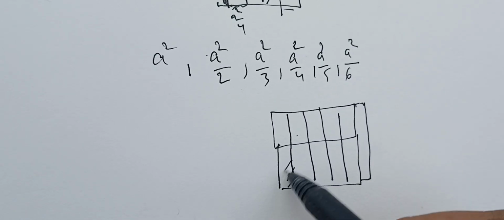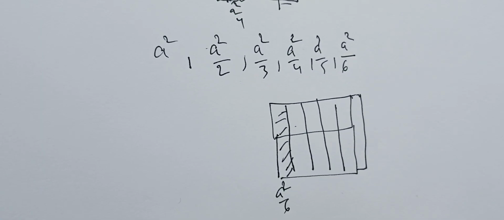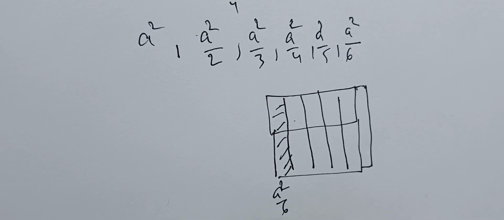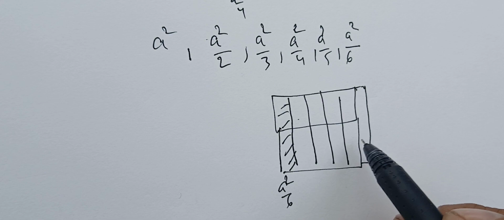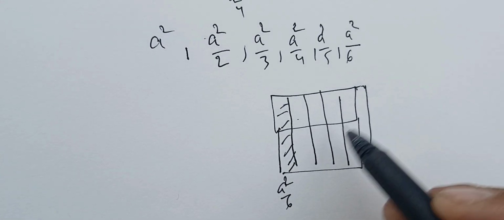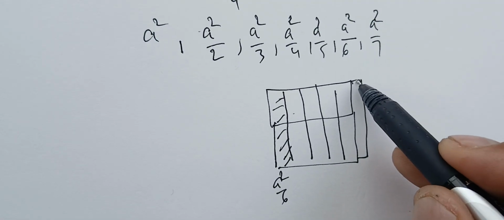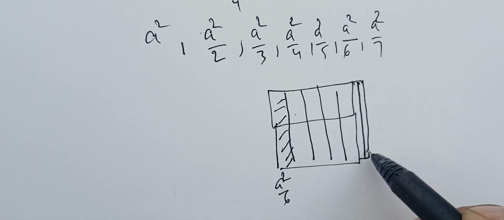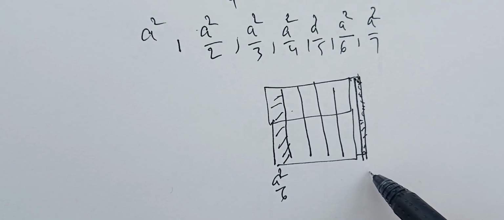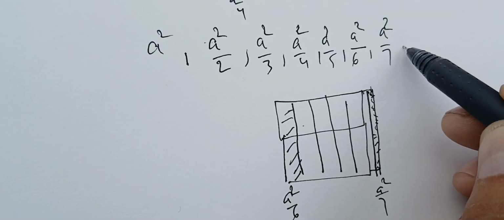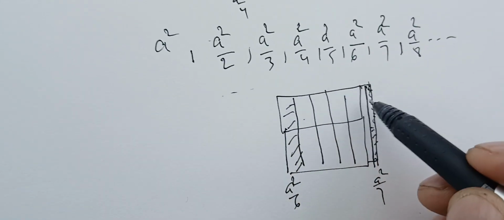So we get this size. This is a squared over 6. If we keep doing it, let's say we get a squared over 7. So we're gonna get maybe this size, this quantity. So this is a squared over 7, and etc. A squared over 8, and we keep splitting this piece of land.